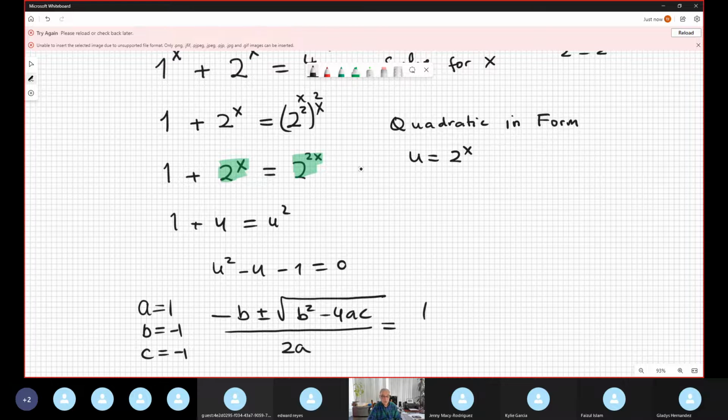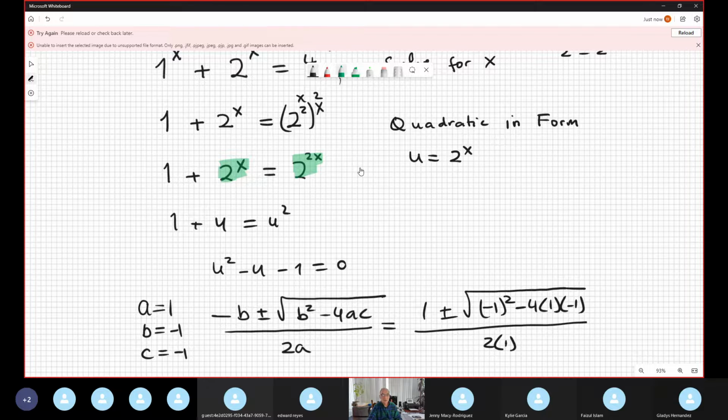Entonces, 1 positive, double negative, plus and minus, square root of negative 1 squared, which is positive 1, minus 4 multiplication by 1, multiplication by negative 1, divided by 2 times 1. The operation inside is 1. Be careful with the sign.